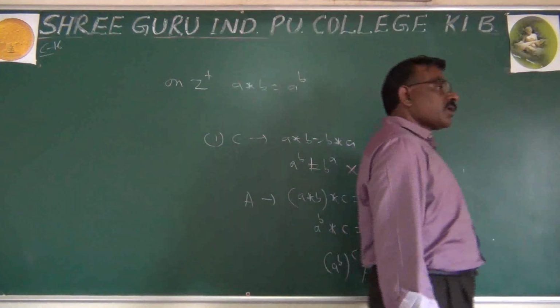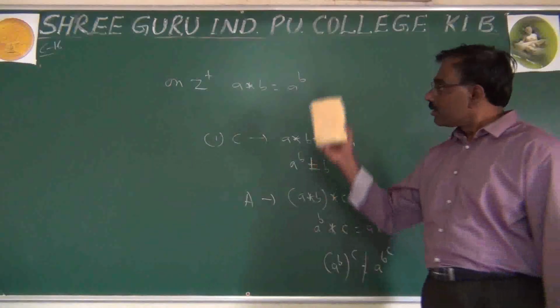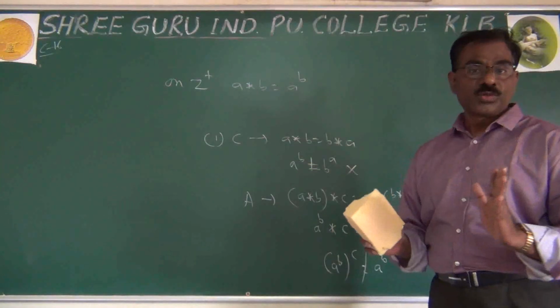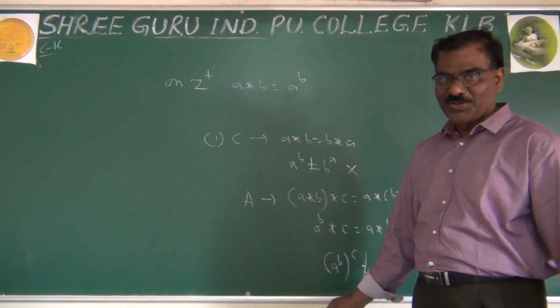So A star B equals A to the power B is neither commutative nor associative.